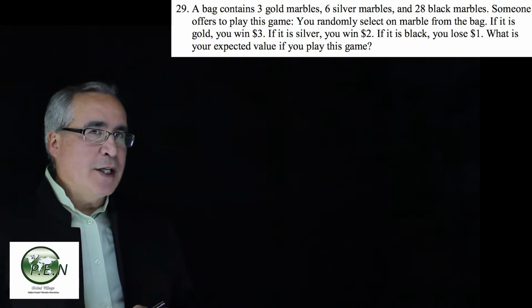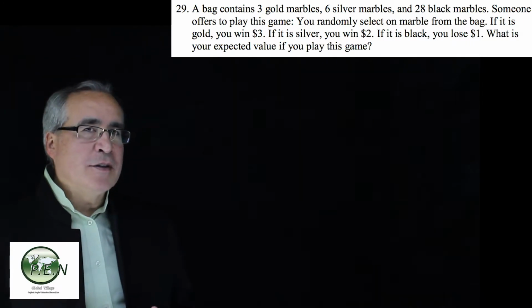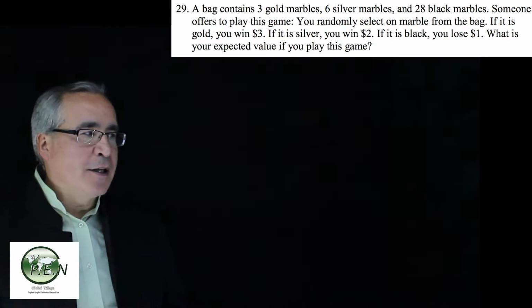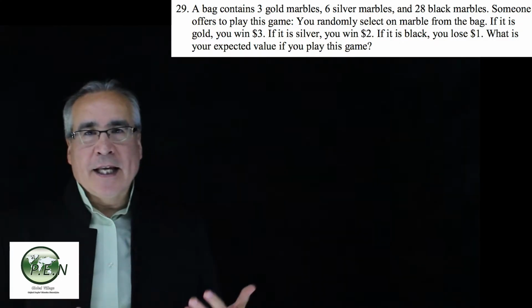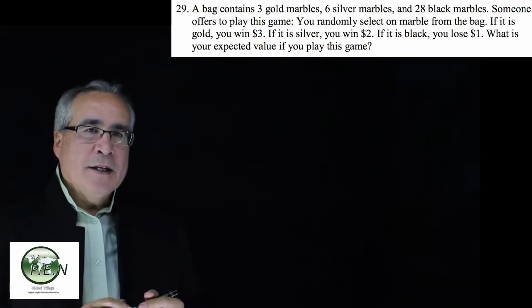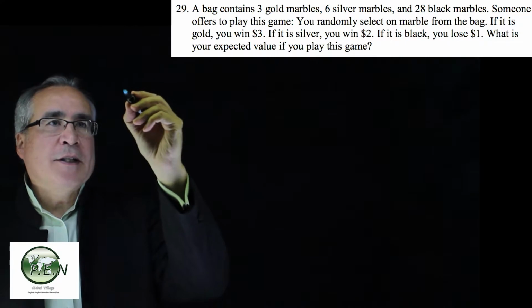So question 29, as we've got here, we've got the marbles, but we've now turned this into a game. If you pull out a certain marble, like a gold marble, you win $3, silver you'll win $2, and if you get the black marble, you've got to pay out some money. So the way expected values work is we have to figure out the probabilities.